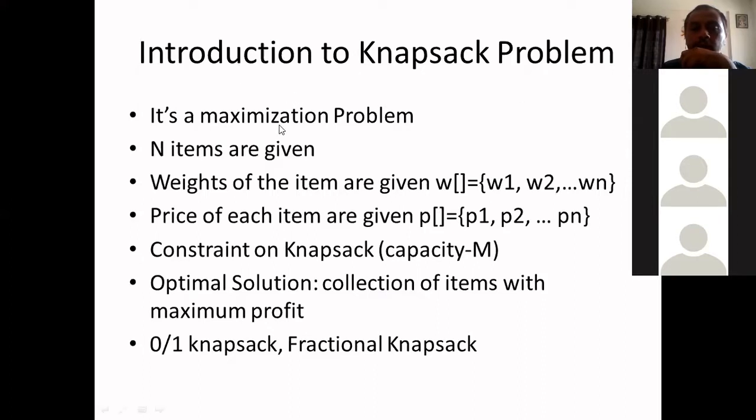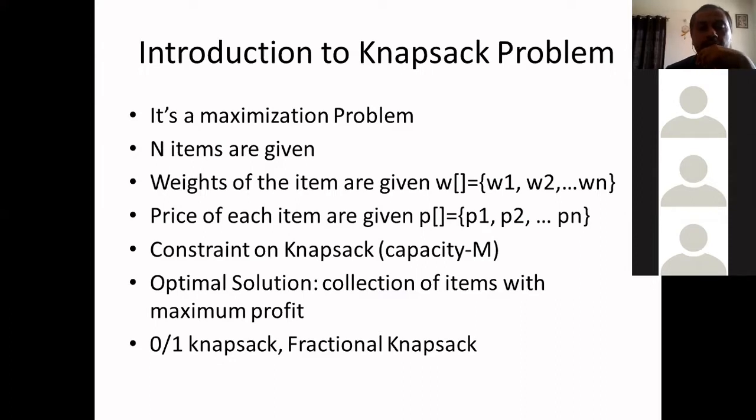That is why it is also called a maximization problem. So we collect the items into the knapsack where the overall price, meaning the profit of the knapsack, is highest.